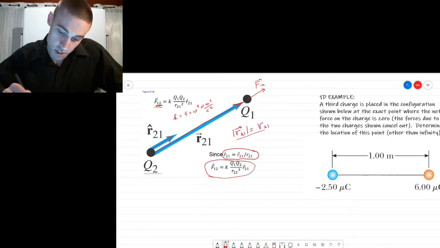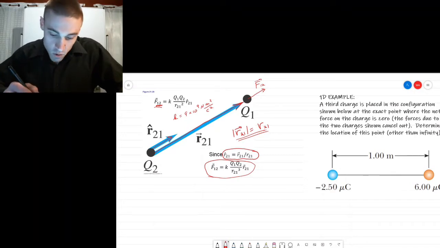This is less of an equation and more of just telling you the notation. If you take this displacement vector and divide it by the length of the displacement vector, you'll get a unit vector that points along that direction from q2 to q1, and that will have no units, and its length will be 1.